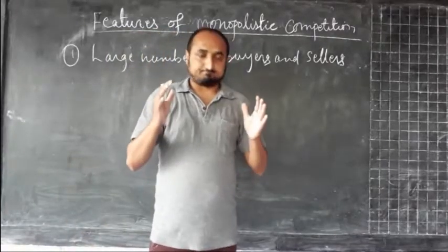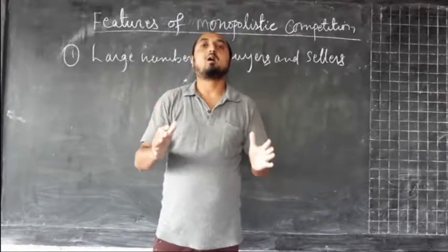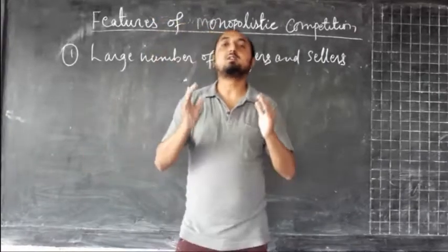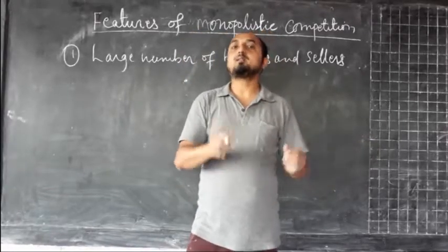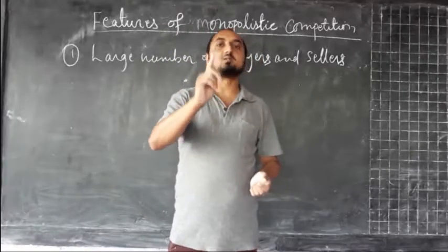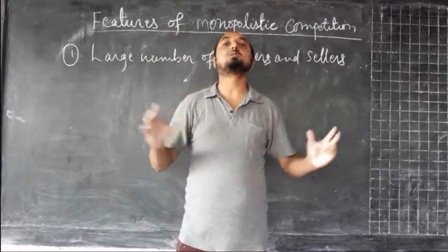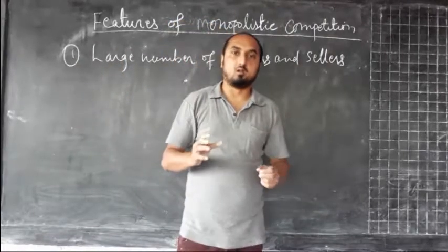Here the number of sellers is large, but not as large as in the perfectly competitive market. The contribution of an individual seller or firm to the total supply of that commodity in the market is small.